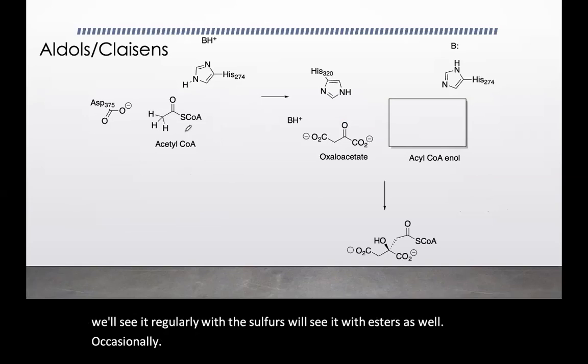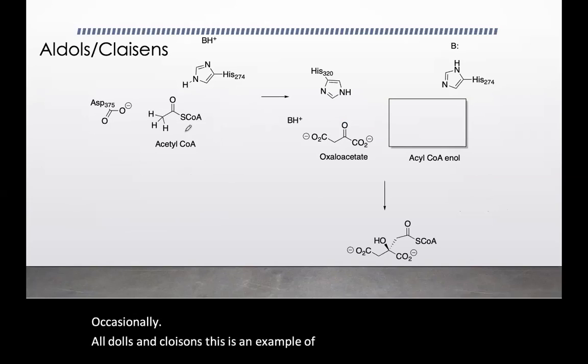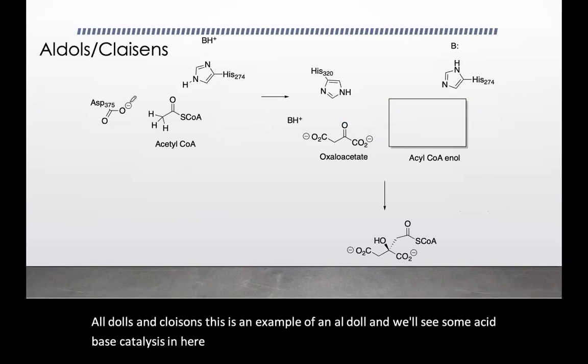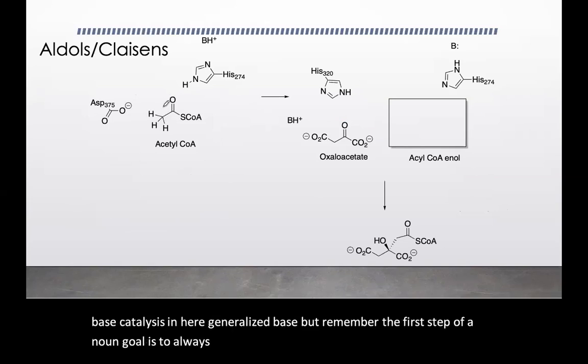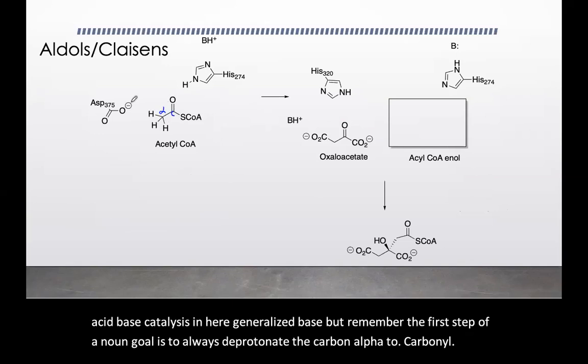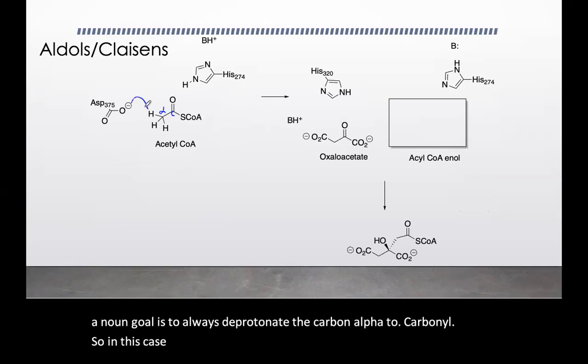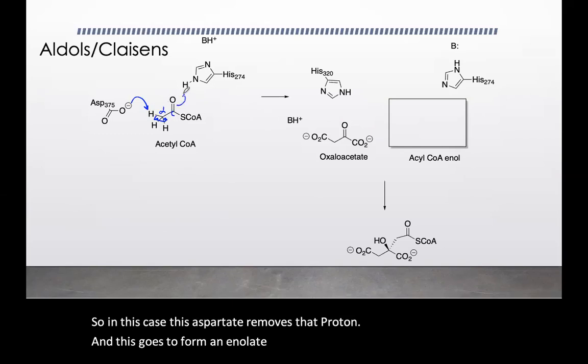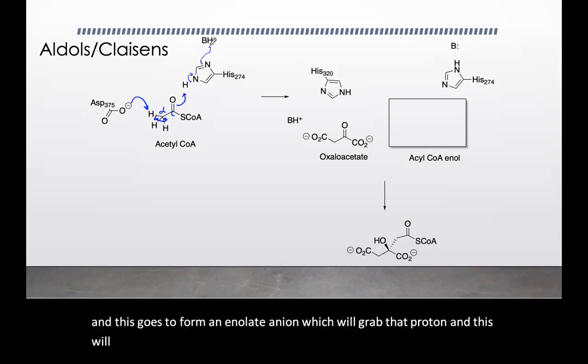Aldols and Claisens. This is an example of an aldol, and we'll see some acid-base catalysis in here, general acid-base. But remember, the first step of an aldol is to always deprotonate the carbon alpha to the carbonyl. So in this case, this aspartate removes that proton, and this goes to form an enolate anion, which will grab that proton, and this will go here, and this will go up here to grab that proton.